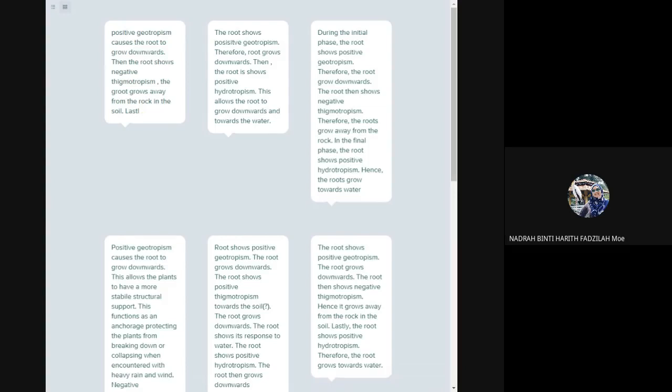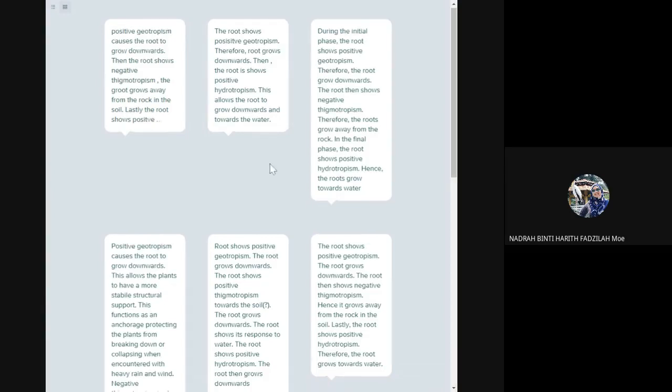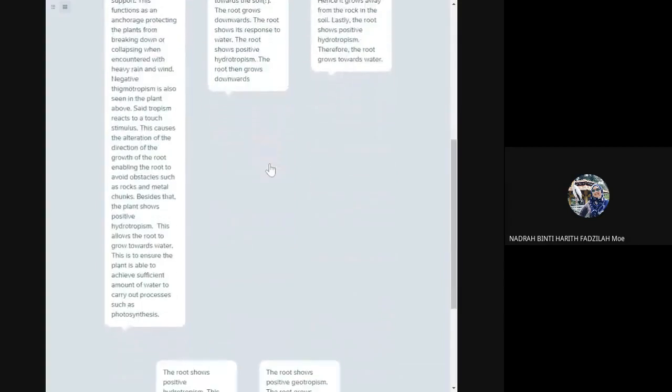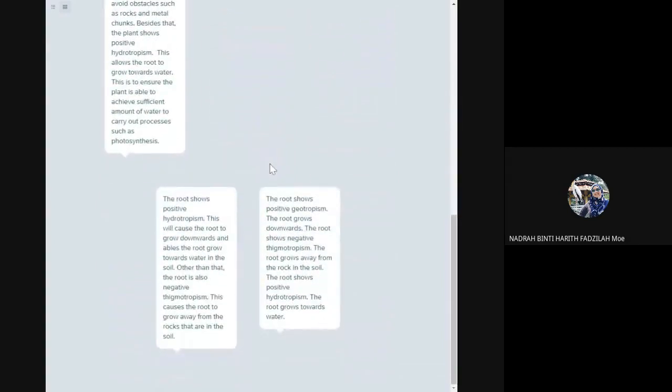Nanti kita tengok dekat plant pula. Dekat shoot pula macam mana. Okay, sikit lagi. Lepas ni kita tengok tropism in the shoot pula.